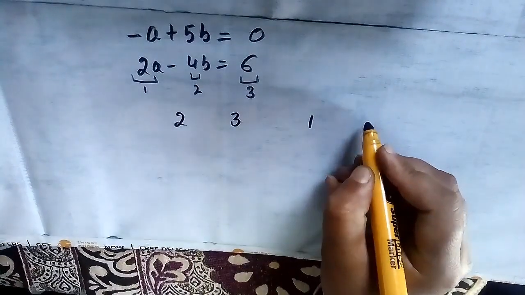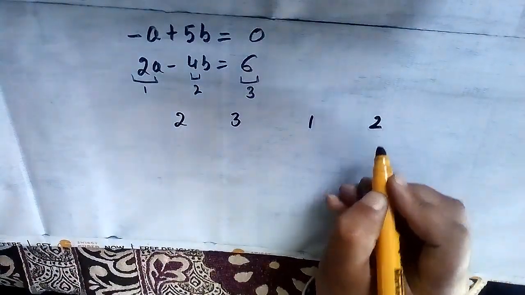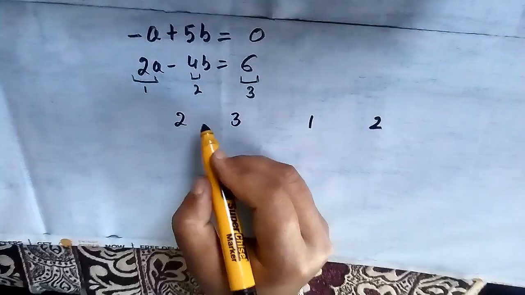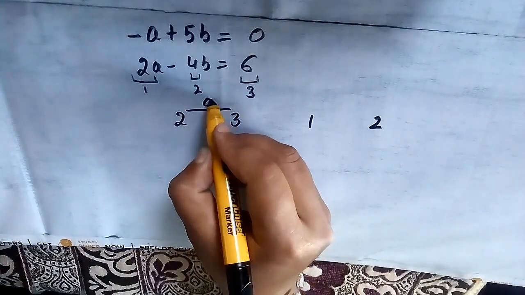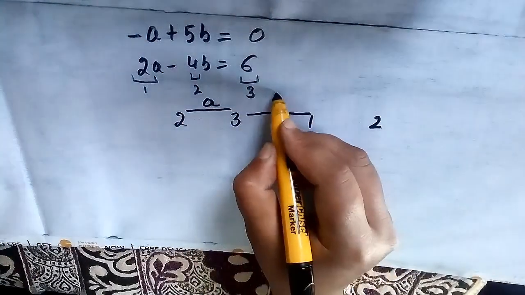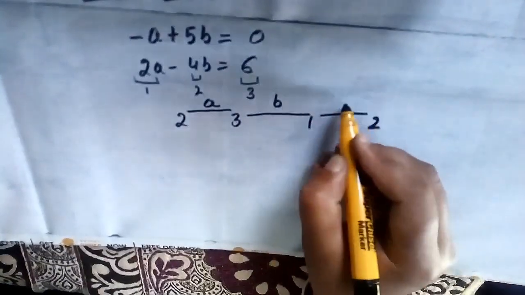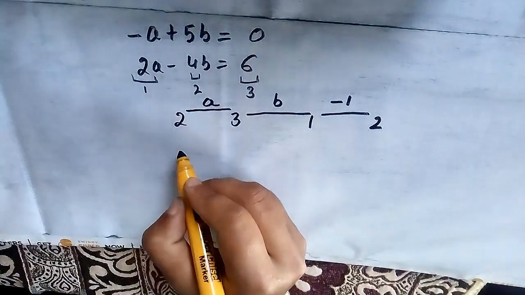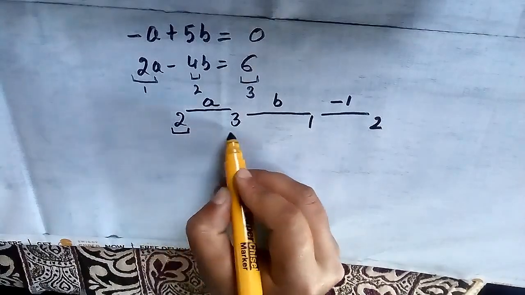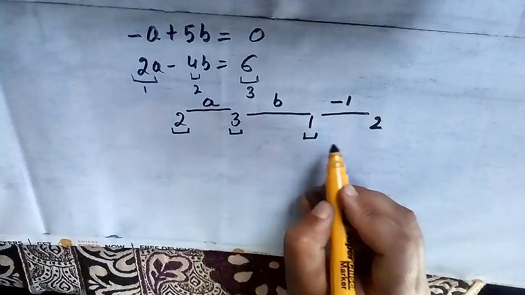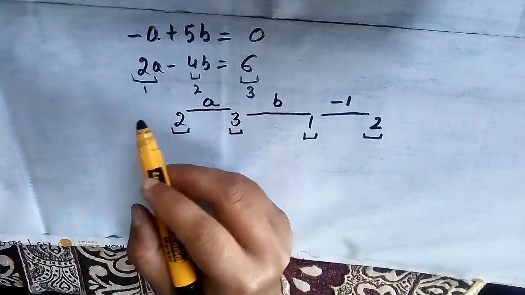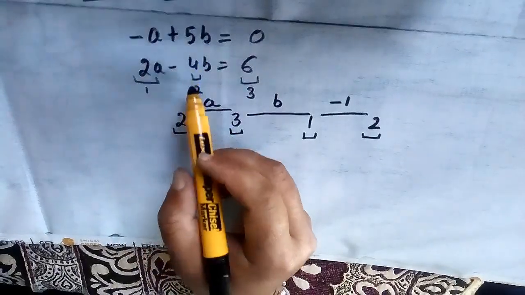And remember the number, that is 2 3 1 2, we used to use to find out the value of a and b. And between 2 and 3 there will be a, between 3 and 1 there will be b, and between 1 and 2 there will be minus 1.